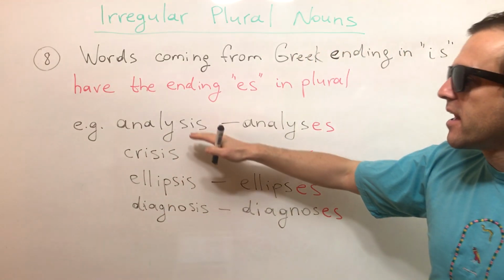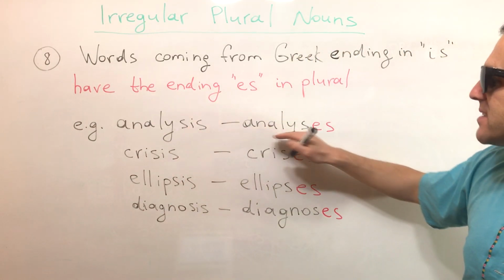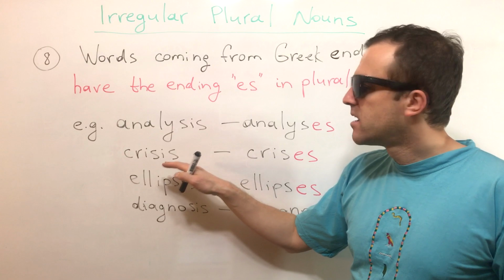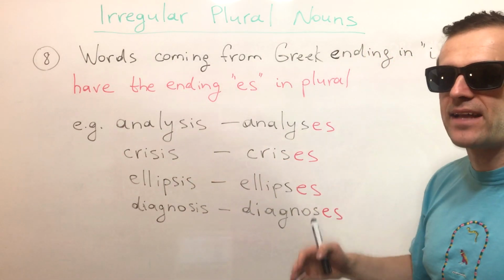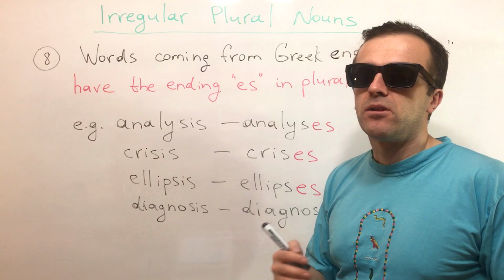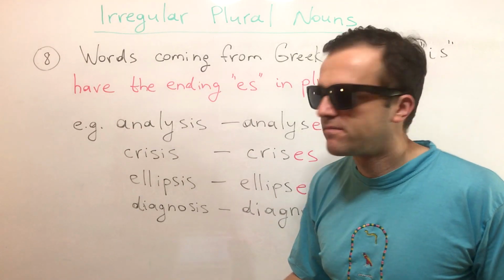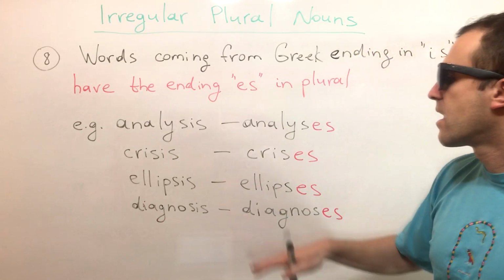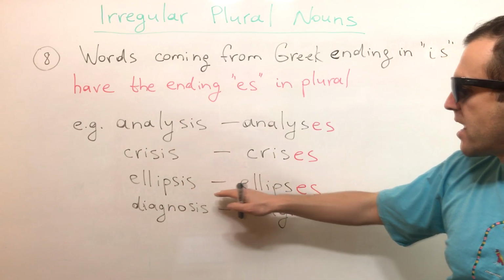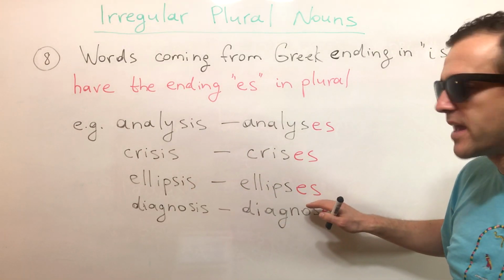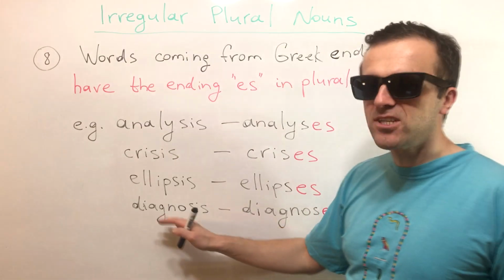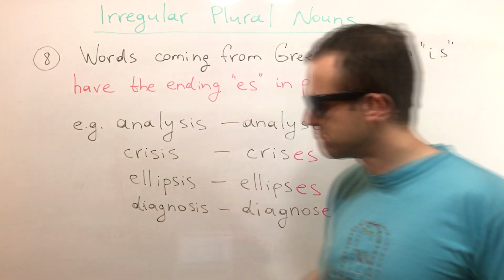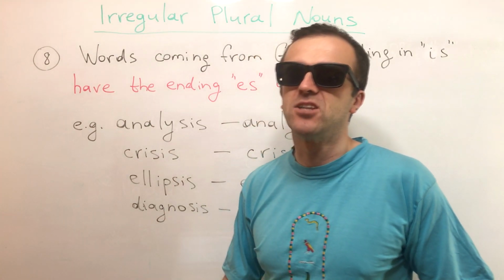For example, analysis, analyses. Crisis, crises, like crisis in the economy of the country, crisis in the United States, the world crisis. Ellipsis, ellipses. And diagnosis, like when a doctor gives you a diagnosis.